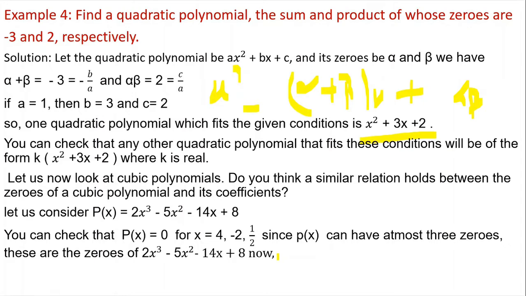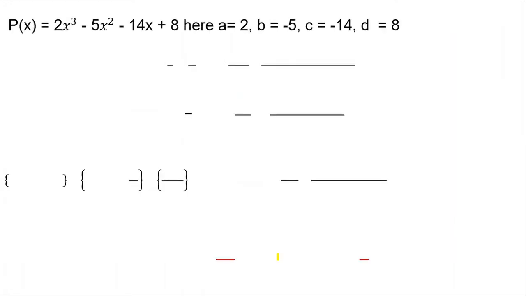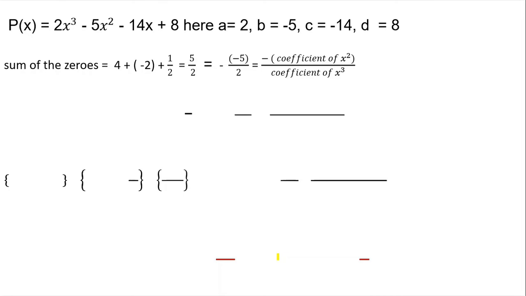Now we know that the sum of the zeros, alpha plus beta plus gamma, is equal to 4 plus minus 2 plus 1 by 2, and the result is 5 by 2. We know that it is equal to minus coefficient of x squared by coefficient of x cubed.